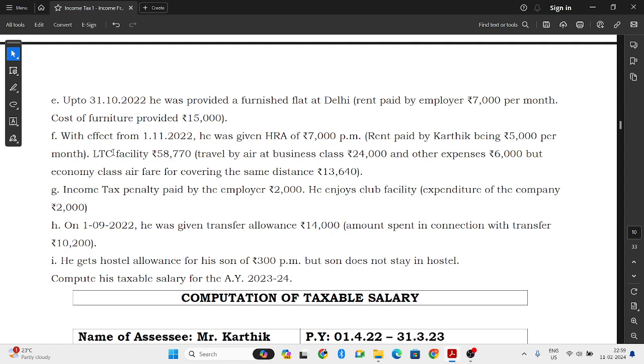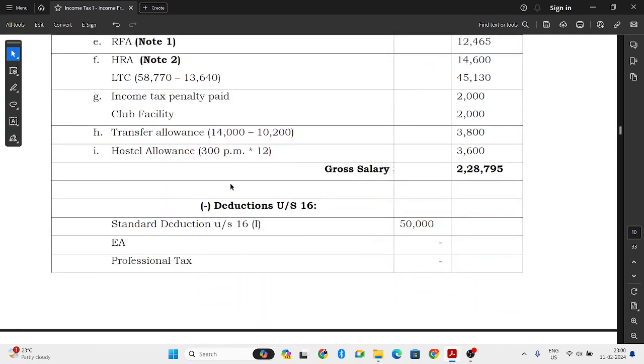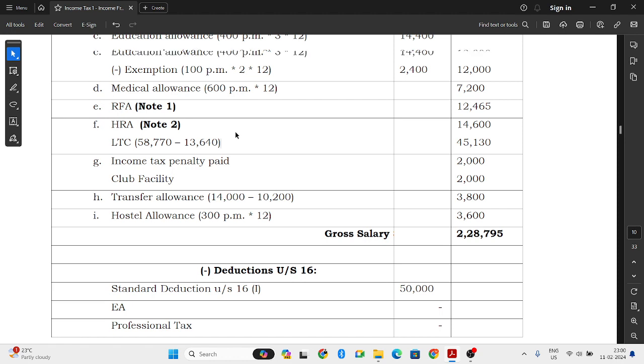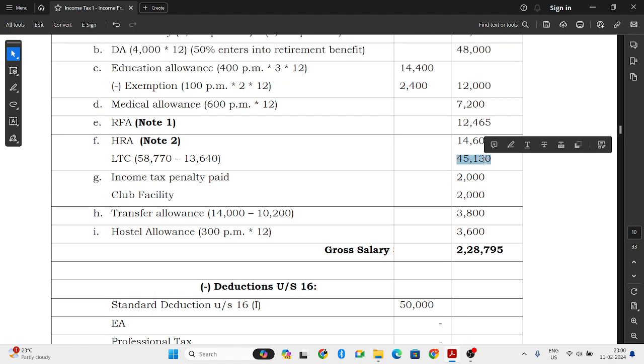So business class fare is 24,000. He will not get an exemption for that, and other expenses also will not be given exemption. Only for the economy class airfare, that is 13,640, will be given as exemption. So 58,770 minus 13,640 will give you 45,130. That is the taxable LTC.